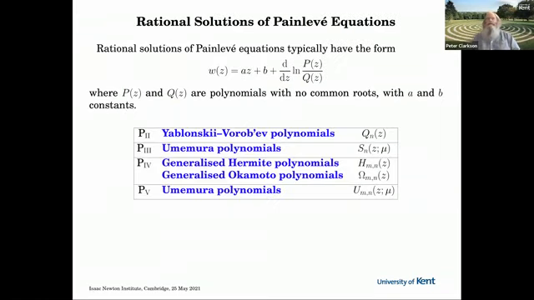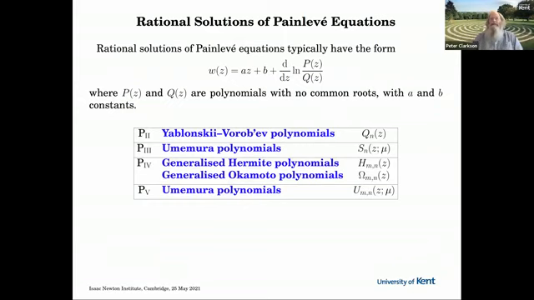So rational solutions of Painleve equations typically have a form that is linear in z, plus the logarithmic derivative of the ratio of 2 polynomials, which have no common roots. And these have various names depending on when they're being derived.